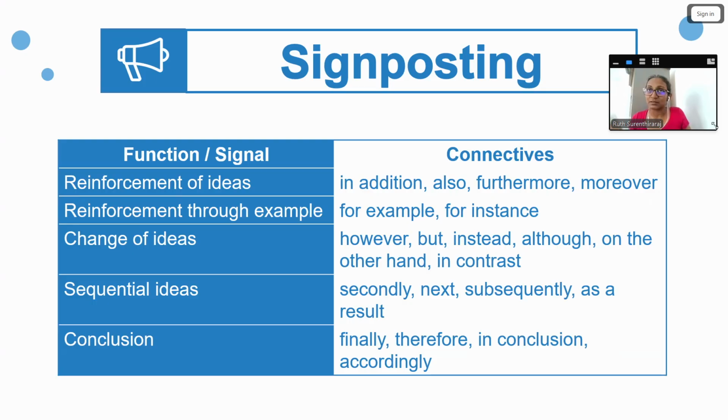Let's take another example. Let's say you're writing an essay that has 3 main points. How are you going to show your reader that you're moving from one point to the next point? You can't say something like, "now let's move to the next point," because that is a very speech kind of thing that we do.